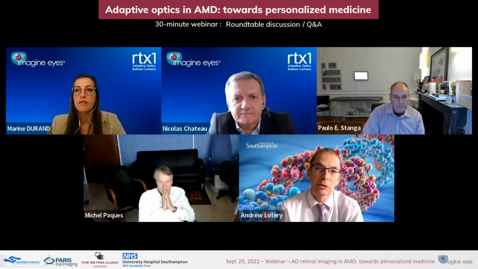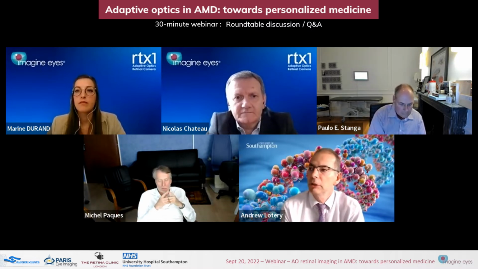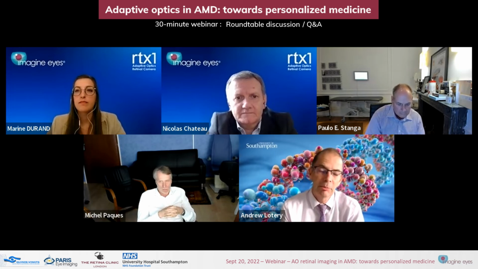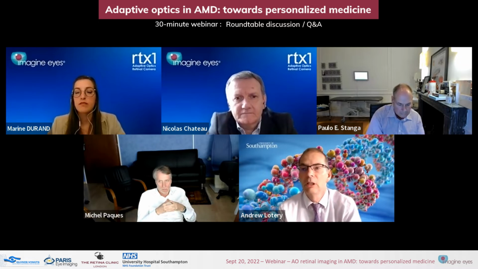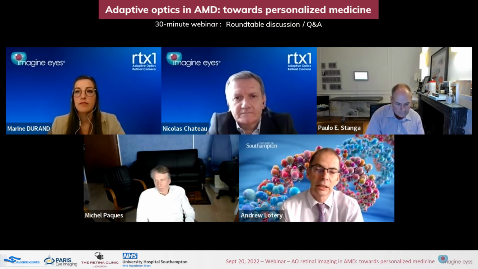AMD trials in geographic atrophy are difficult. They can take years to do. Progression can be slow. They're expensive to do. If we could come up with better phenotype patients, identify patients who could progress quicker or more uniformly, if we could have an endpoint before wet AMD or geographic atrophy, that might be helpful to do shorter, quicker trials and get us to treatments quicker.